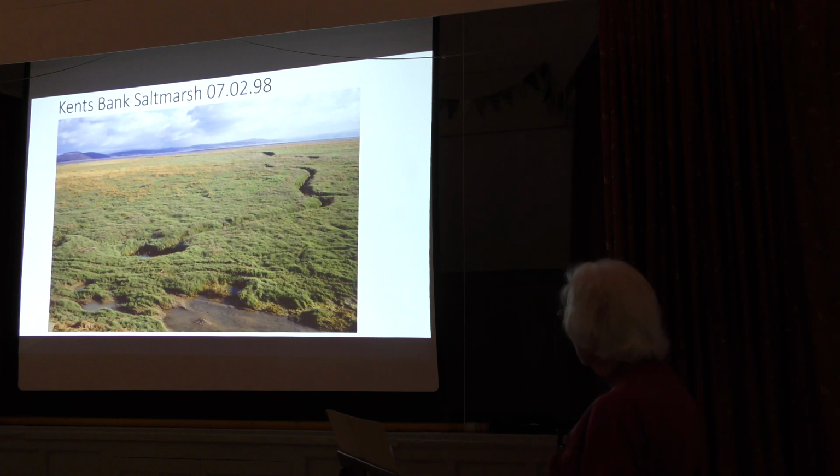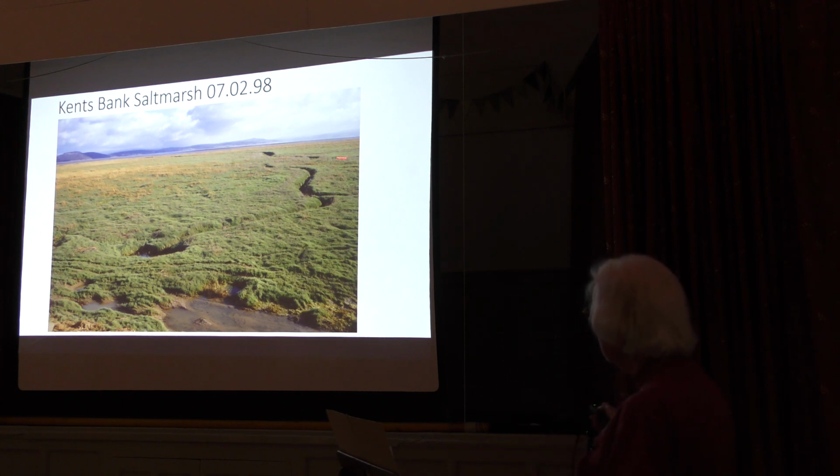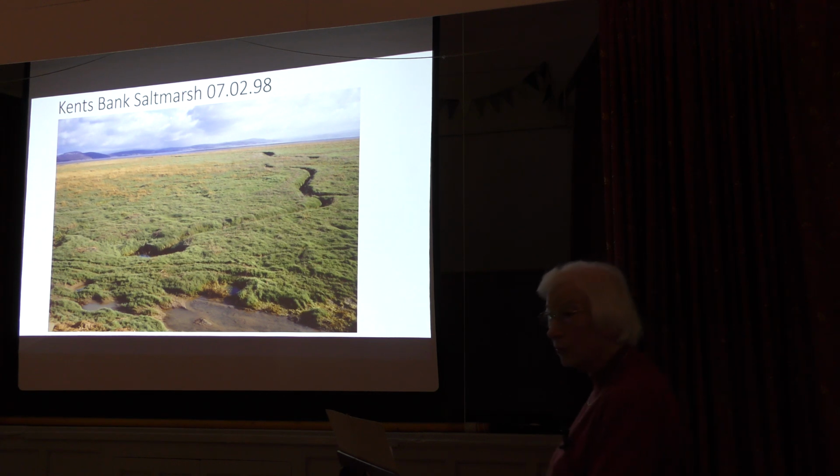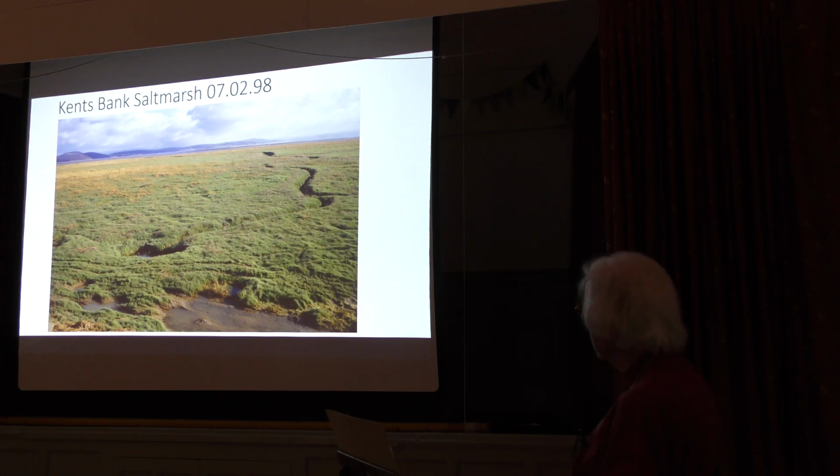Now this takes us on to 1998, and you might think it was a completely different place, but it is still the same location, near Kent's Bank Station, looking east in this case, rather than south towards Humphrey Head, and you can see that a very extensive salt marsh had developed, looking not dissimilar from what the Silverdale salt marsh looked like in the 1960s and early 1970s.